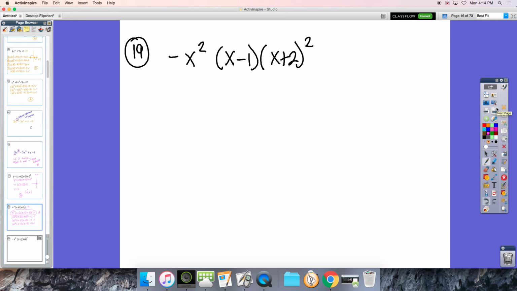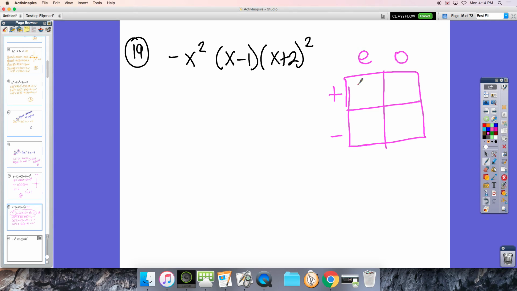For 19, it says, what is the end behavior? Remember, for end behavior, you're going to use this chart. We have even and odd, positive and negative. In order to find out if it's even or odd, we need to look at the degree. So to look at the degree, you look at all of your exponents and you add them together. Here we have 2, here we have 2, and here we have an invisible 1. 2 plus 1 plus 2 is 5, which is an odd number.